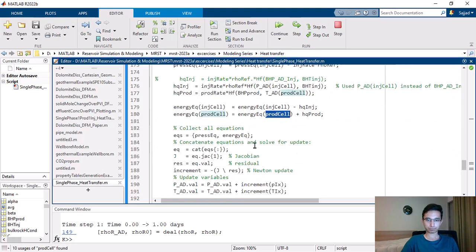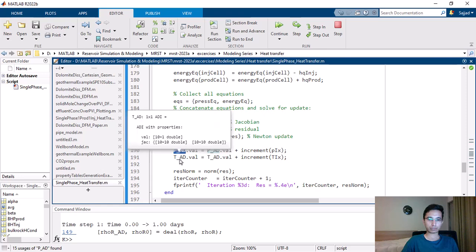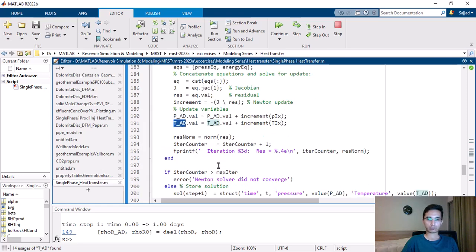All right. Now that we are done with writing the energy conservation equation and the pressure equation, in other words, the governing equations that we have, now it's time to do the same thing that we did before. We collect all the equations this way, and we do the same thing. I'm not going to talk about them again. And in this way, we calculate the new pressure values and the new temperature values, and these values may be used again.